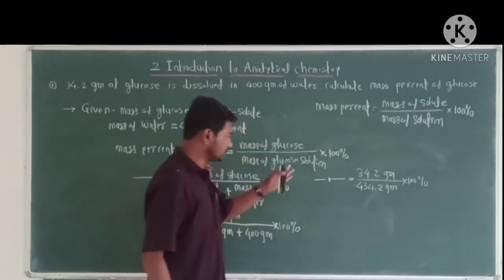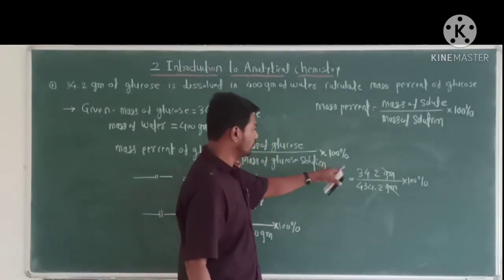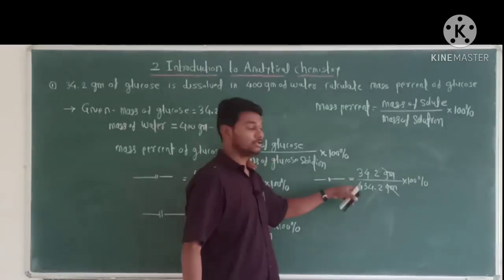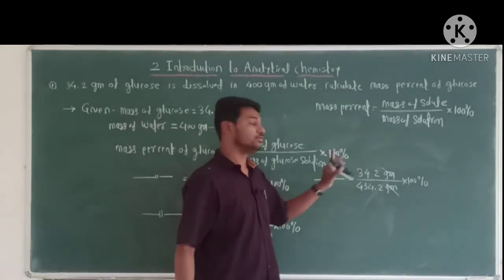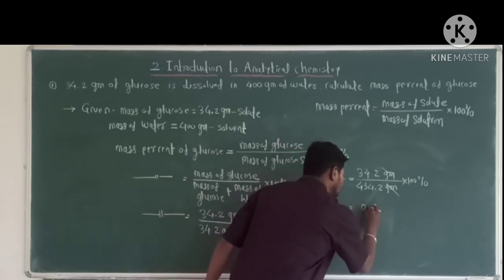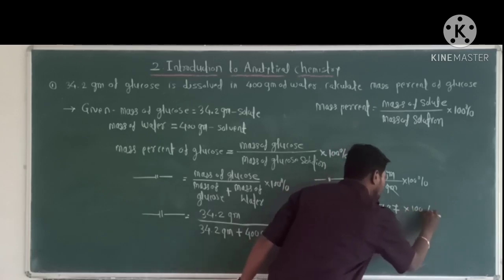Gram gets canceled. Dividing 34.2 by 434.2, we get 0.0787 into 100%.